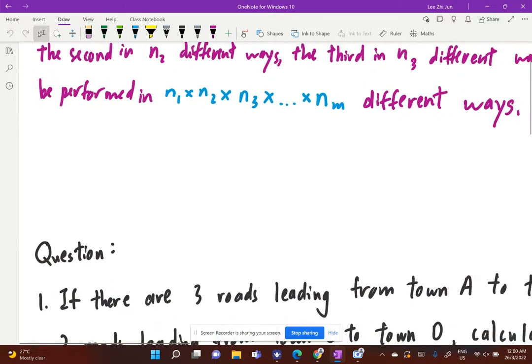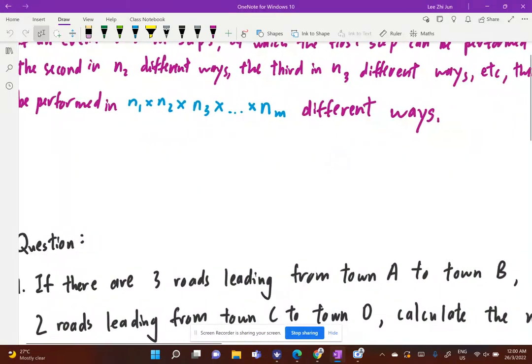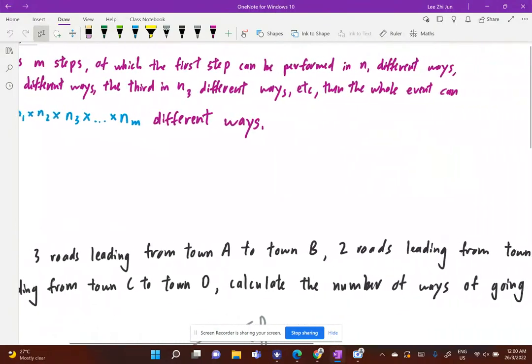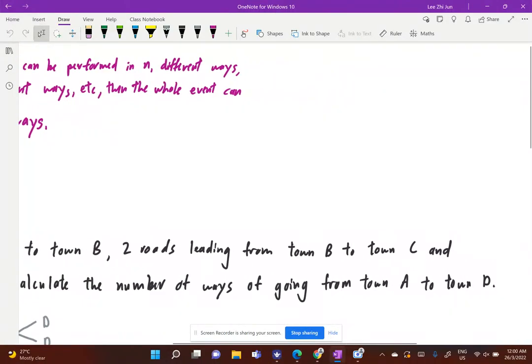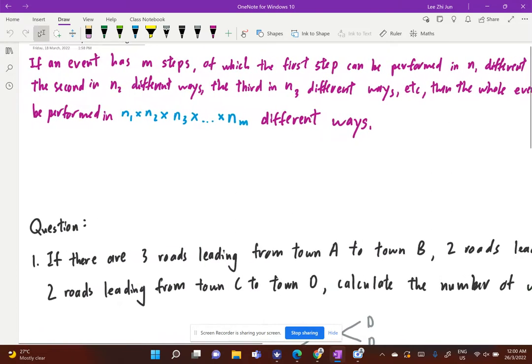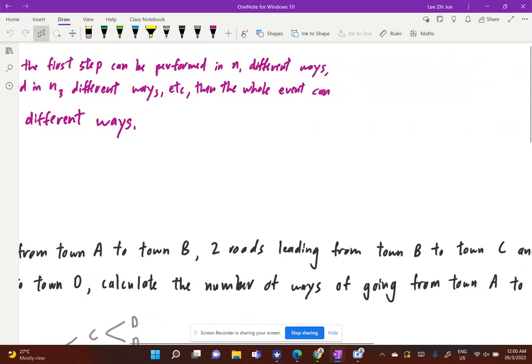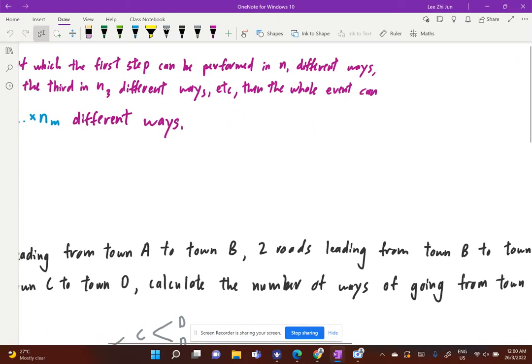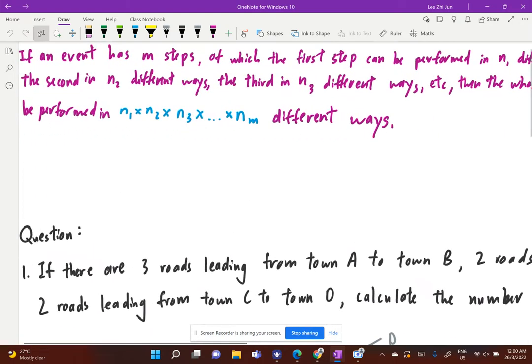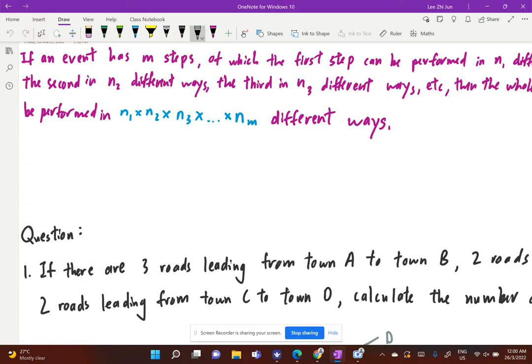If there are three roads leading from town A to town B, two roads leading from town B to town C, and two roads leading from town C to town D, calculate the number of ways of going from town A to town D. As we know, to go from town A to town B, we have three roads, which is three ways.